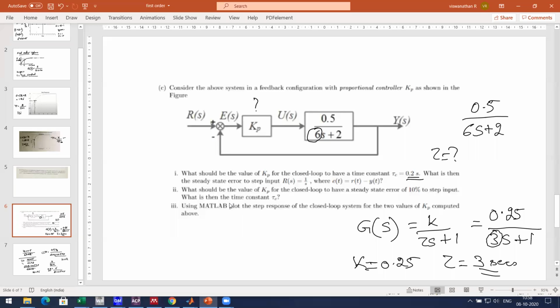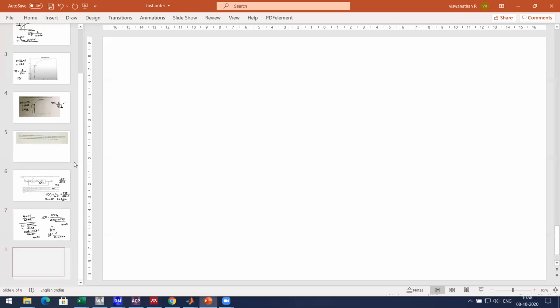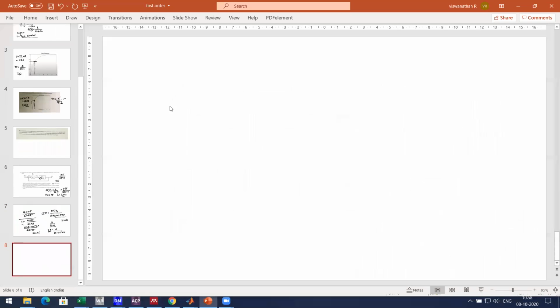Then we were calculating the rise time, peak time and so on in the second order system. Here also you can calculate the rise time. Rise time is given by 2.2 times tau.